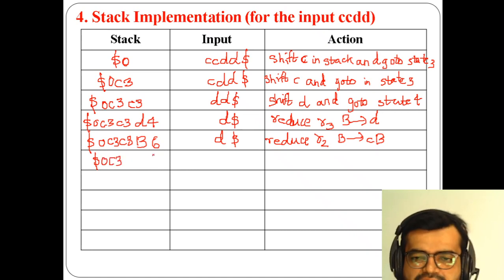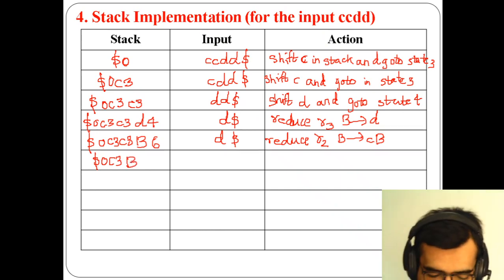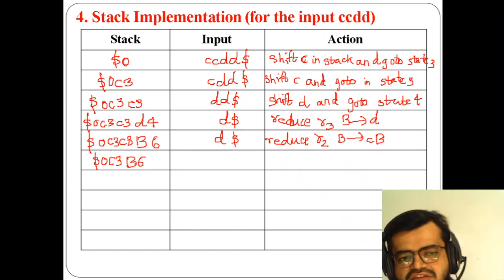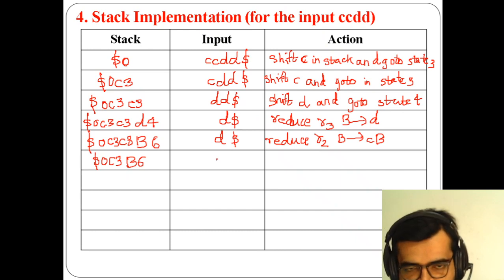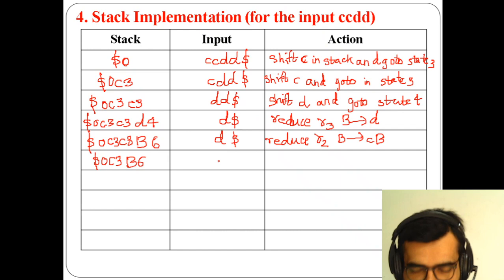So CB will be replaced with capital B, and again B will be present in the sixth state. So C3 B6, and finally what remains is D dollar.